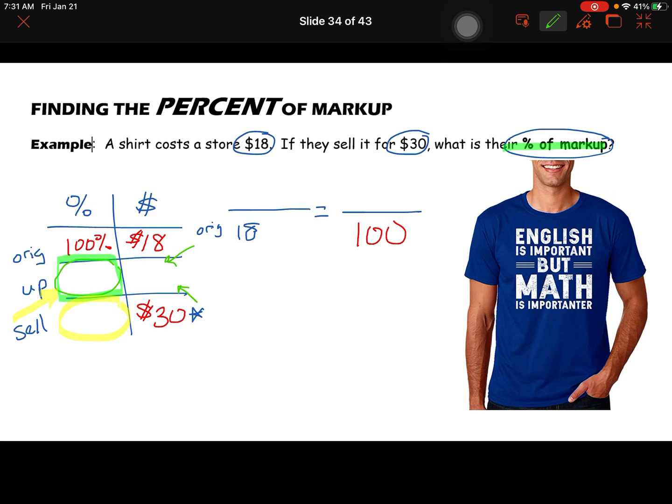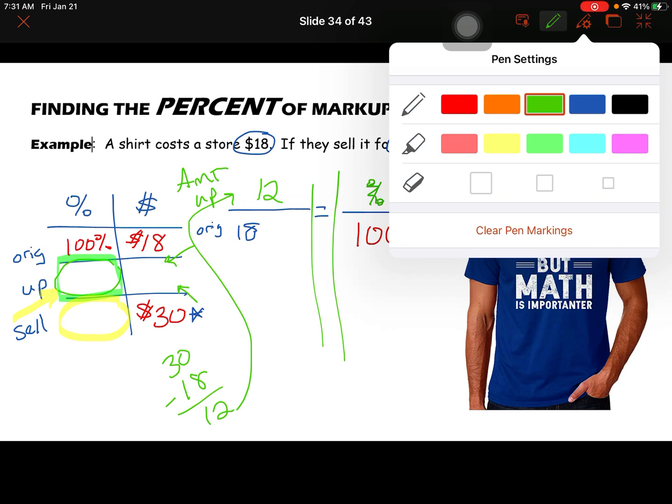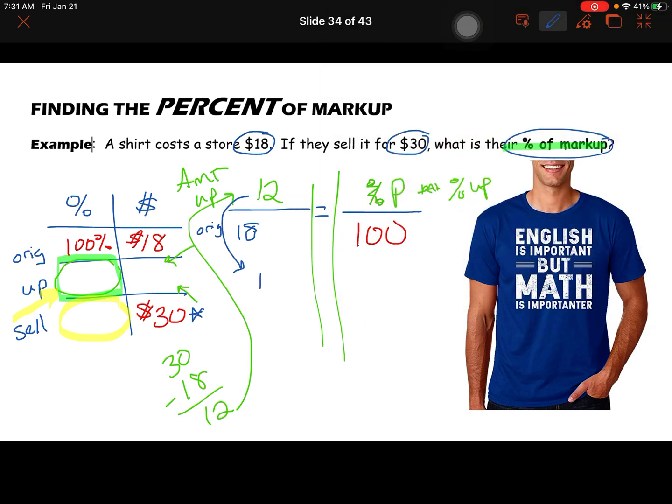And so this is really just a percent of change question. How much did they mark it up is what we're asking, the amount it changed by. So if I'm trying to find the percent of markup, with a P here for the percent, then this needs to be the amount of the markup. And so it's 30 minus 18, which is $12. That $12 is going to go up here, and now we're ready to do our cross products.